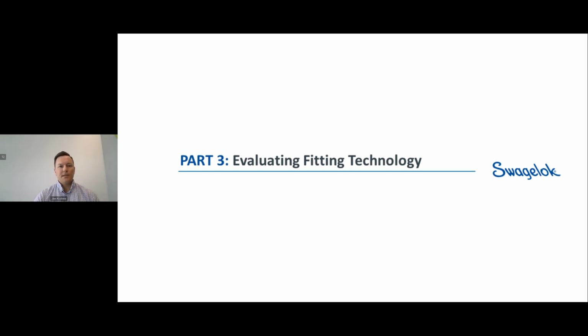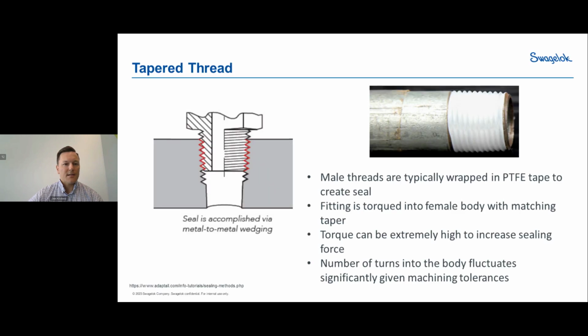And then ultimately, the goal is to enable users, designers and engineers to go to bat with a full set of information to make the right choice of which connection technology works best for the particular application it's being used for. So with that being said, I will get into our next slide here, which covers tapered threads.